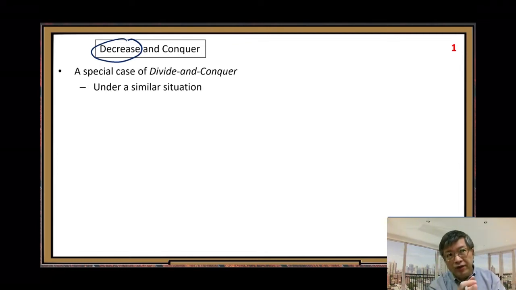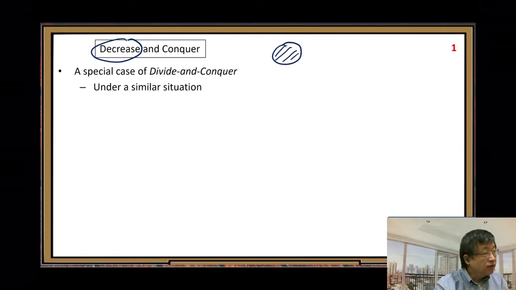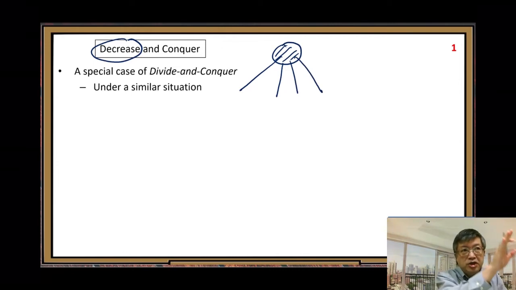Here, mainly the author of our textbook tries to split the top category, divide and conquer, into several smaller subcategories. This is one of the categories, decrease and conquer. But in my view, we do not need to make that kind of split. It's not necessary. We just treat all such problems as divide and conquer. That should be good enough.